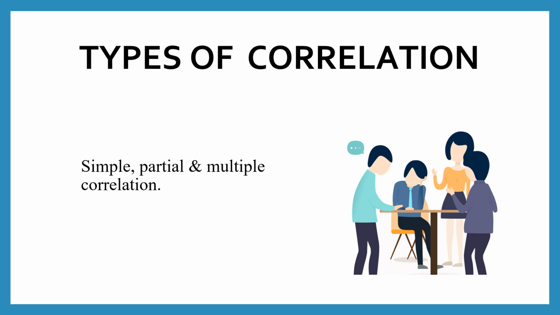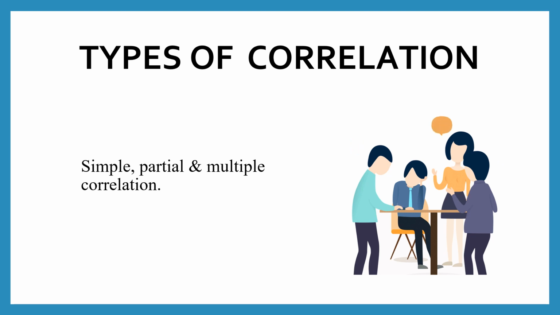Types of correlation. There are different types of correlation which may be noted between any two or more variables. First one is simple, partial and multiple correlation. Let me explain this. When the relationship between only two variables is studied, it is a case of simple correlation.